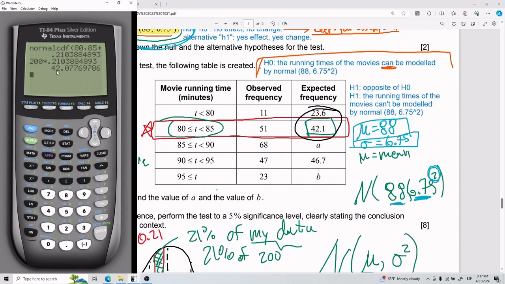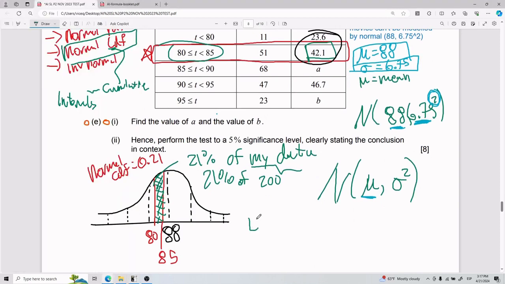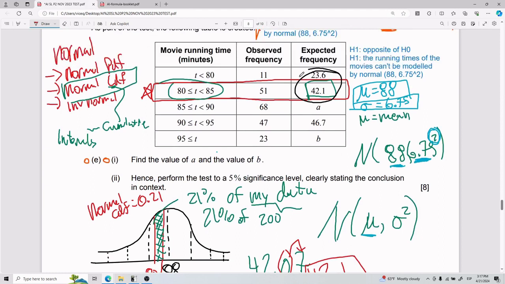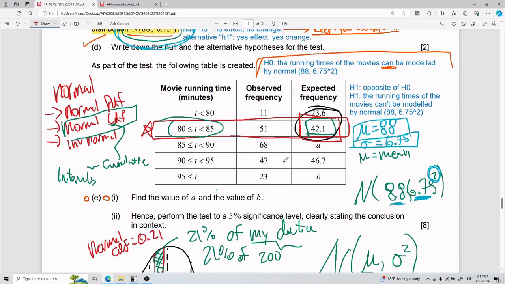There you go, 42.07. So 42.07, I count 1, 2, 3, round it up or keep it the same, you round it up. So 42.1, that is how you get it. So you find the percent, you multiply by the amount of movies, which is 200, and you get it.